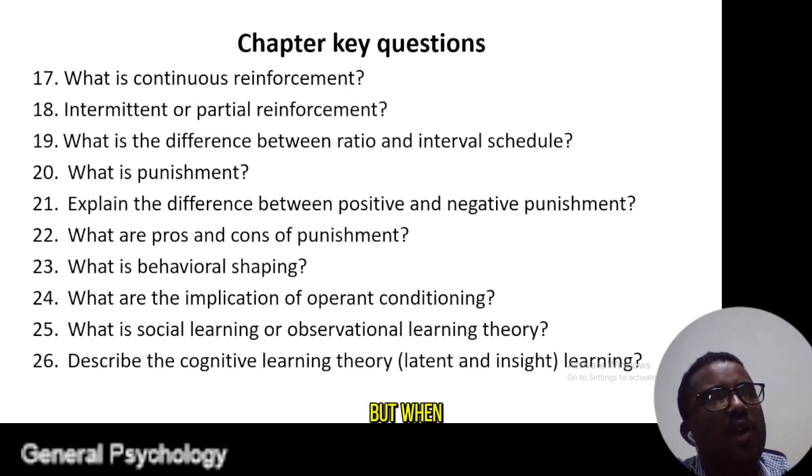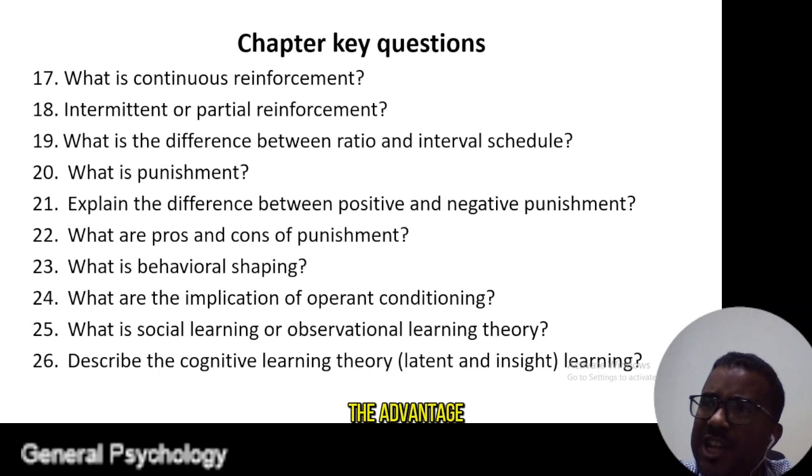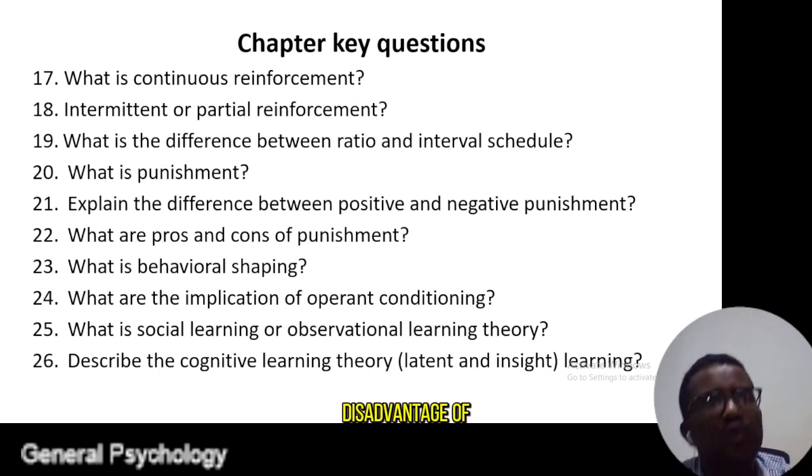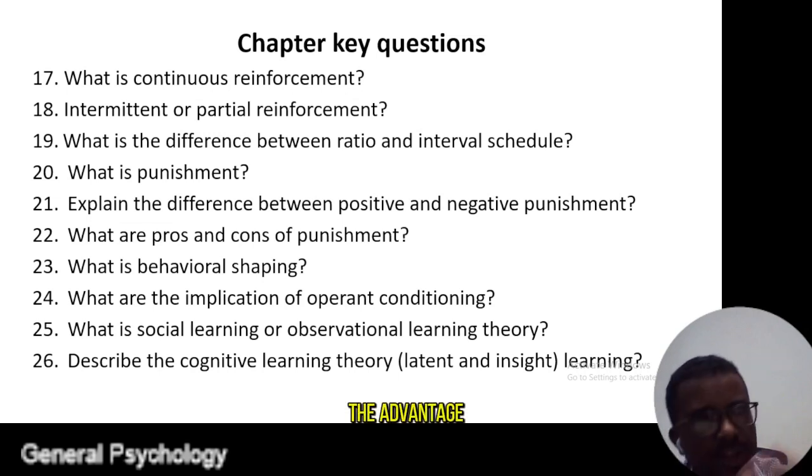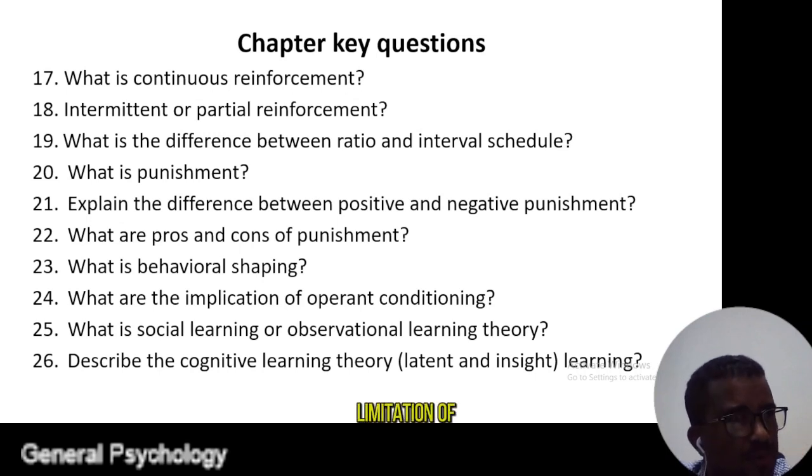But when we use punishment, we get an advantage in one part, and we may face a disadvantage. So pros and cons means the advantage and the disadvantage of using punishment. So you will have an idea of the advantage and the limitation of punishment.